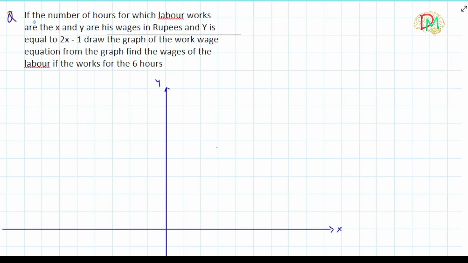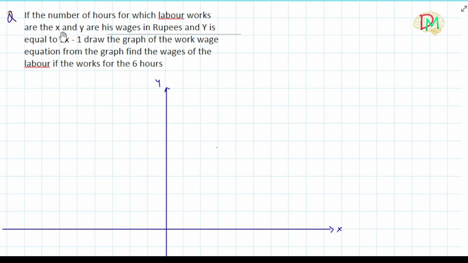Let's solve one practical application-based problem on linear equations with two variables. So here is the question: the number of hours for which the labor works is x, and y is the wage.